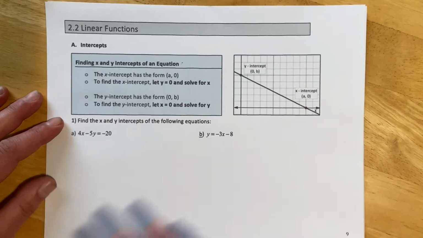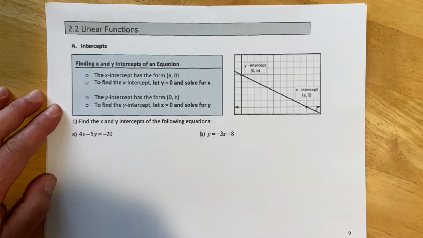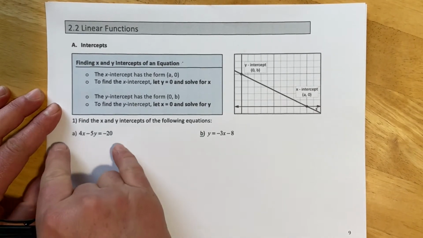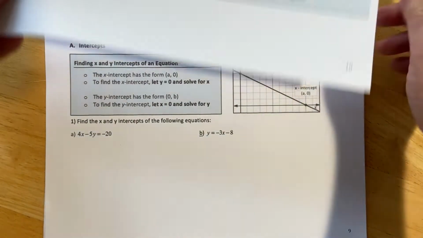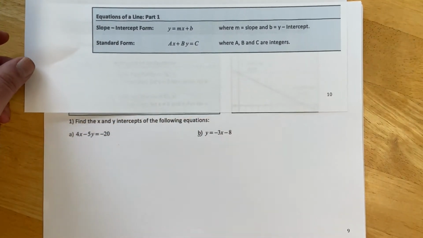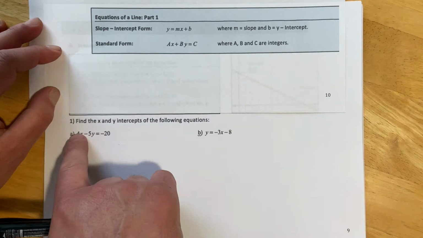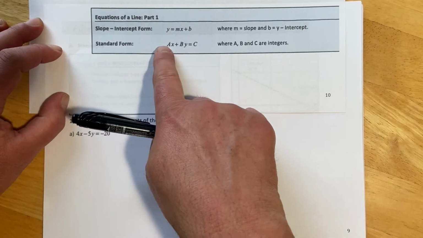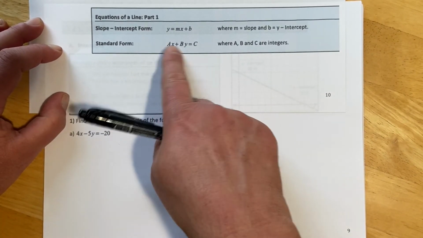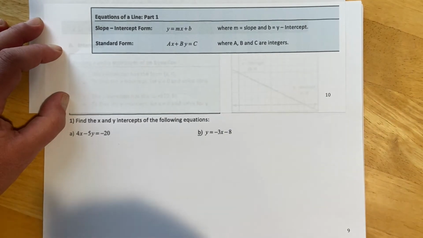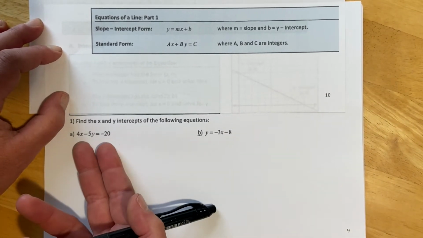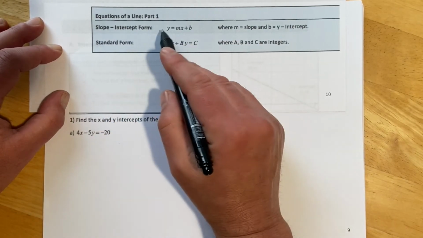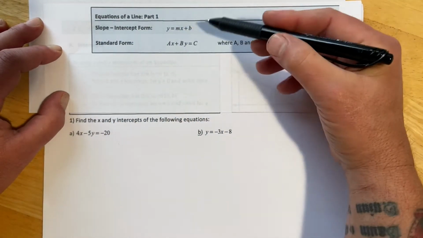So here it is with linears. In this, we're going to have equations. We've got two forms here for the equation of a line. This is coming up, but I'll point them out right now since I have examples of each. This is what's called standard form. A, b, and c are going to be integers, which means not fractions, and then the x and y are on one side. So that's standard form of a line. And then we have slope-intercept, which hopefully you've seen in a previous course.